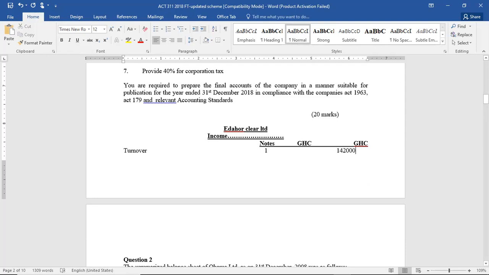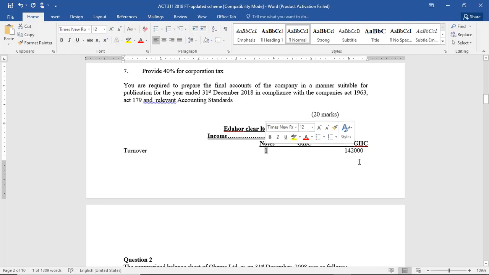You understand? So this is how your presentation is going to look like. Are you getting it? So anybody that takes your work and sees turnover and sees 1 here, you are telling the person that if you want to know the breakdown of how I came by this 142,000, go and look at my workings 1. Fantastic.